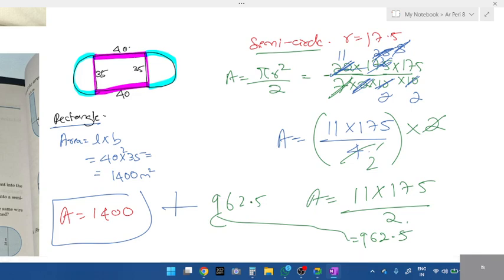In the same way, you have to find the perimeter. Find the perimeter for rectangle and perimeter for semicircle. Yeah, complete this calculation and let me know. Be quick.